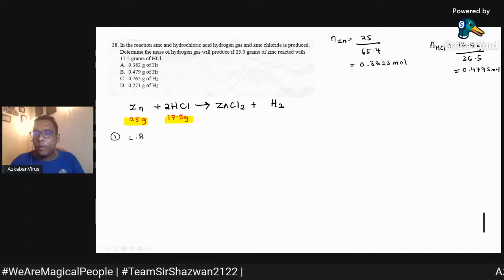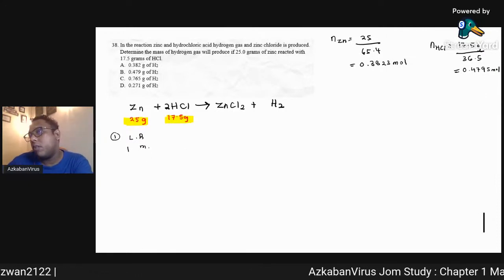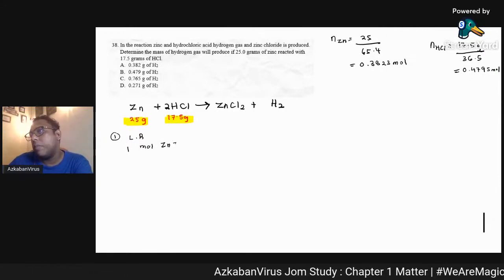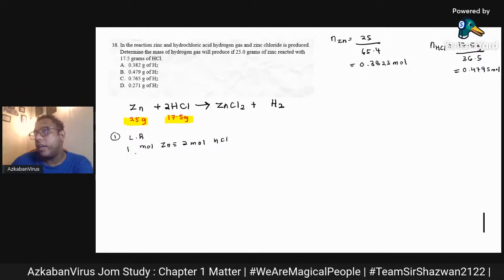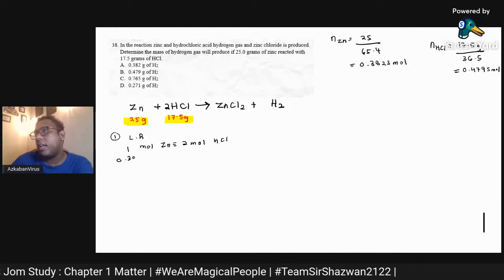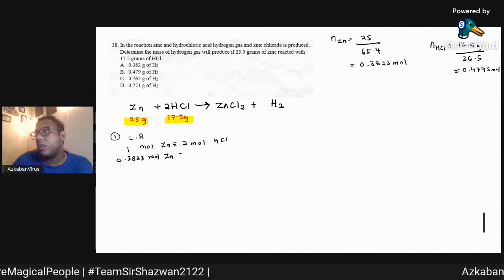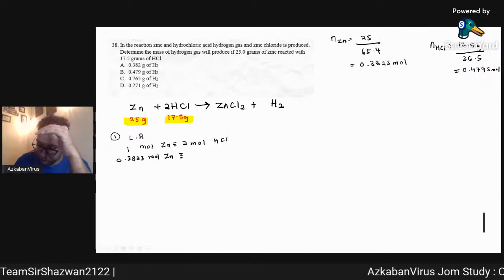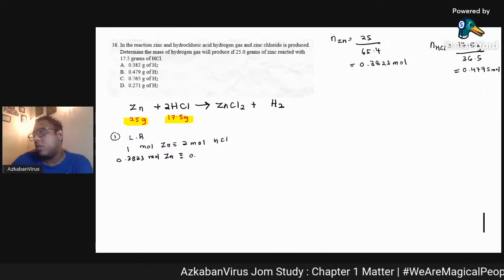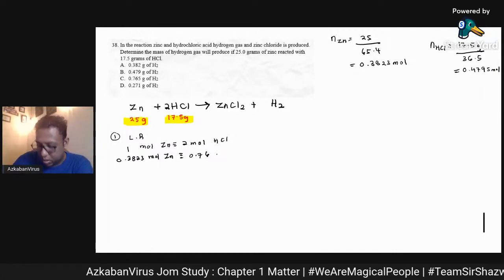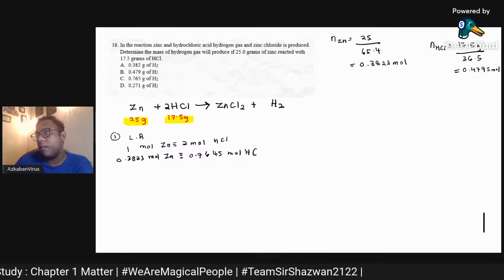Okay, cari dulu limiting reactant. We know that 1 mole zinc memerlukan 2 mole of HCl. Kalau you ada 0.3823 mole of zinc, you memerlukan 0.7645 mole of HCl.